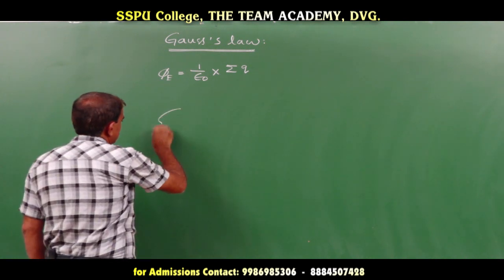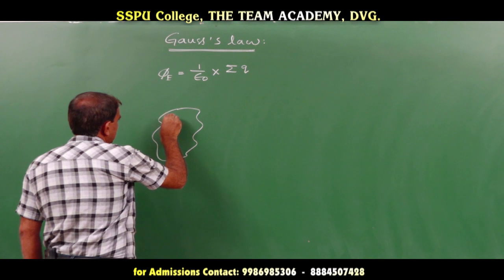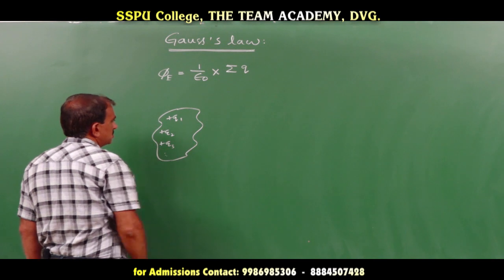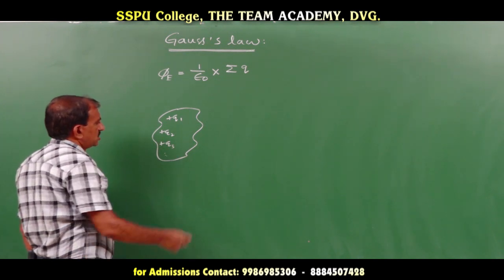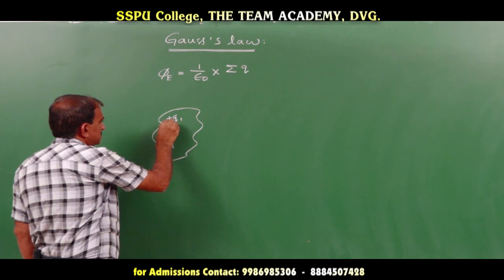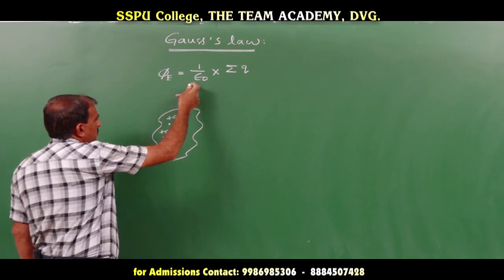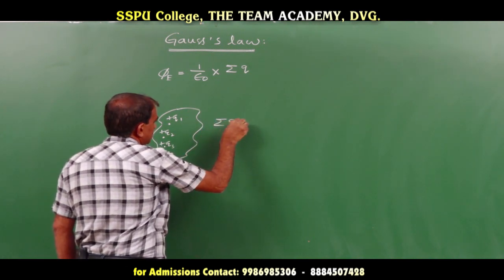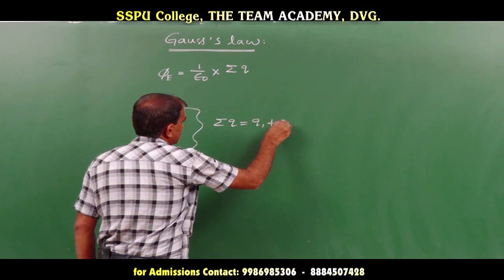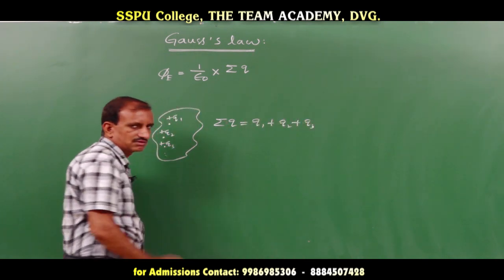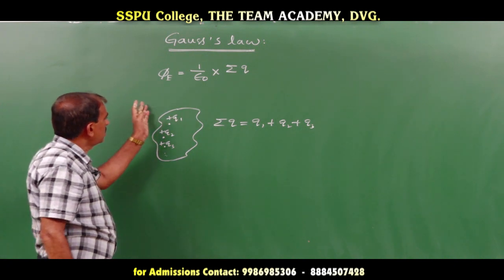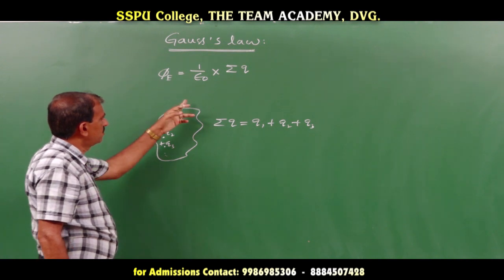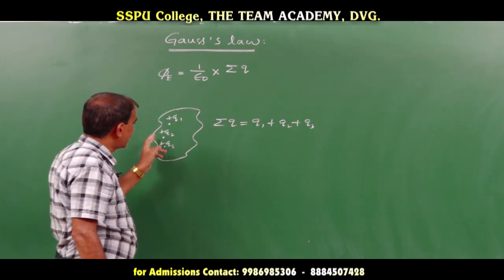Suppose this is a closed surface containing charges Q1, Q2, Q3, etc. Then the total electric flux through this surface is equal to 1 over epsilon naught times the total charge enclosed by the surface. The total charge sigma q is equal to Q1 plus Q2 plus Q3, etc. Therefore, the total normal electric flux through a closed surface is equal to 1 over epsilon naught times the total charge enclosed by the surface.